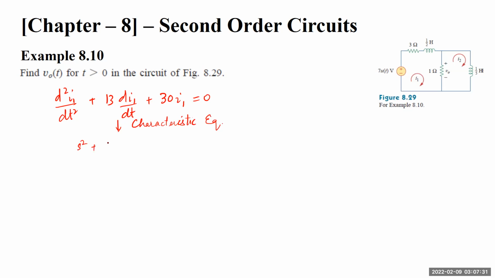This is s squared plus 13s plus 30 equals 0, and from this we find the roots.